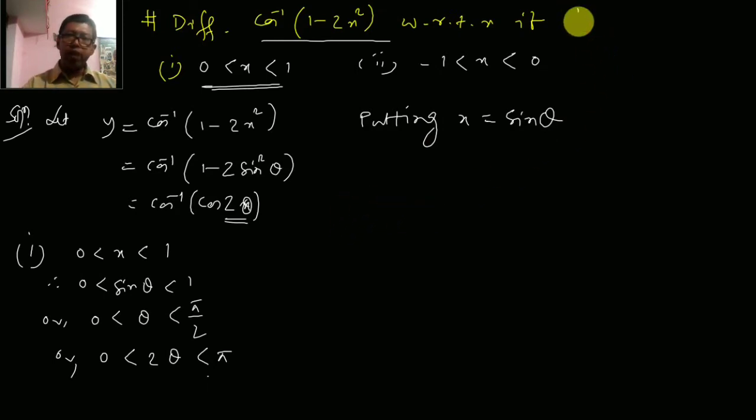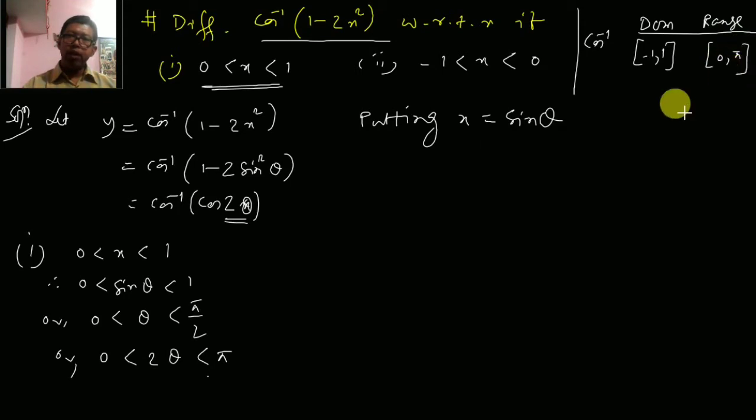I have written earlier cos inverse and its domain. The domain is from minus 1 to plus 1. This is very important. If you don't understand, then all will be in vain. And the range is the closed interval 0 to pi. So obviously this angle is in the range, so you can apply it directly here.